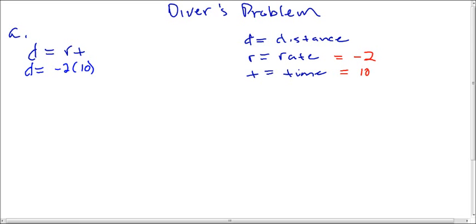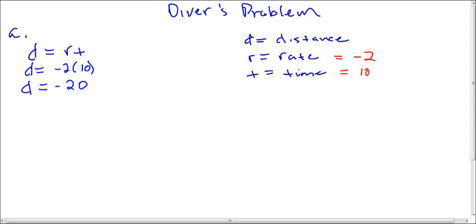We have one integer positive, one integer negative. So what do the rules say? The rules say same sign always positive, different sign always negative. So a -2 times 10 will give us a negative, and 2 times 10 is 20. So D in this case is equal to a -20.